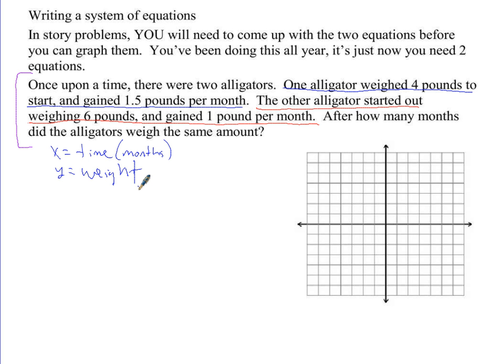All right, so for my blue line, alligator 1, I need an equation. It's going to be basically the alligator's weight is equal to, the alligator started off at how much? 4 pounds. And then gained 1.5 pounds per month.